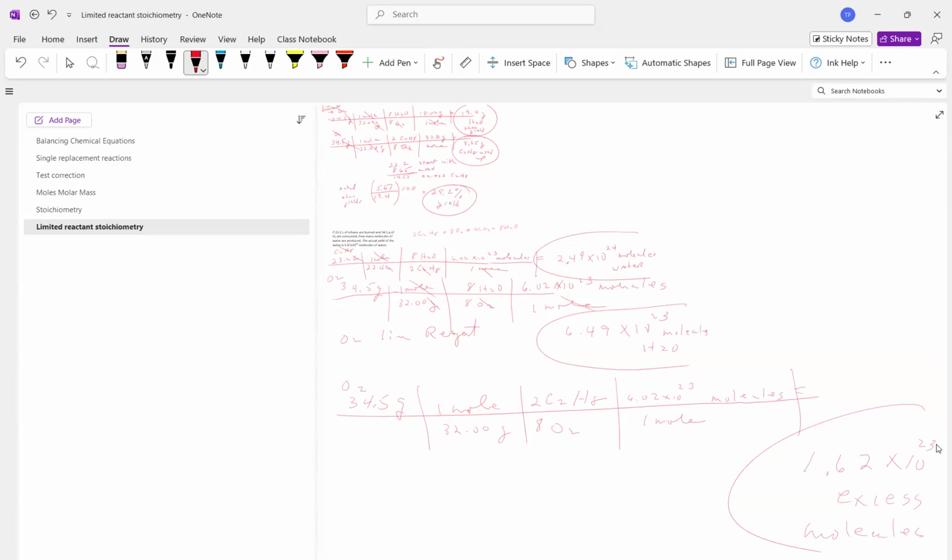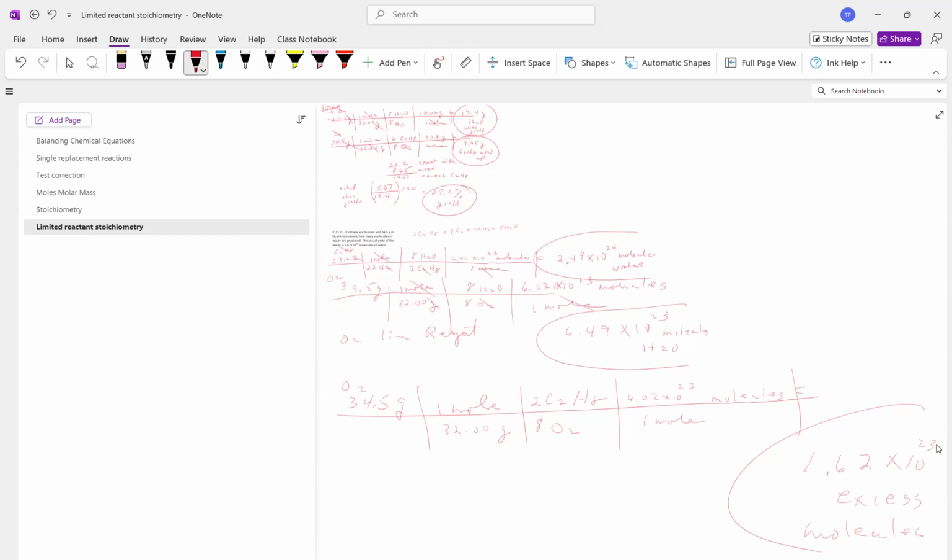Okay, so those are really two good examples. Are there any questions about that? Hopefully I didn't make any mistakes with the math. The third part? Okay, so first two steps determine what limits the product.